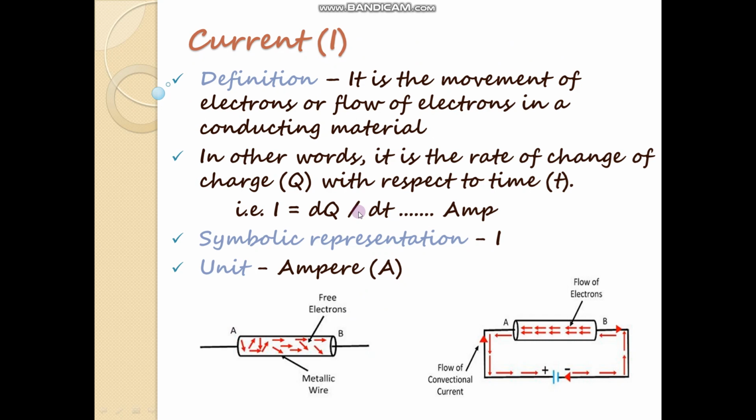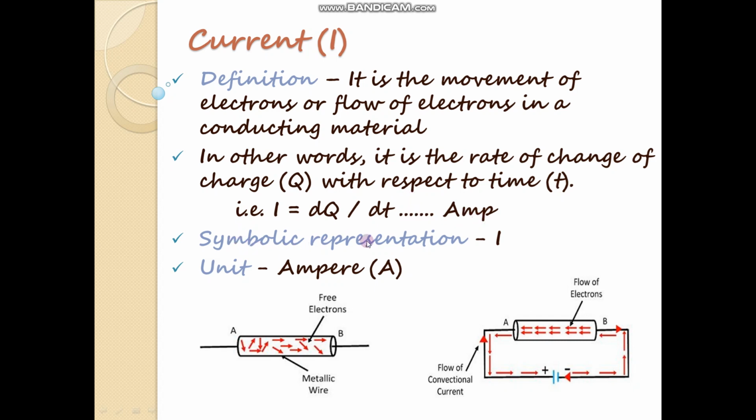The fourth term is current. So what is current? It is the movement or flow of electrons in the conducting material, or in other words, it is the rate of change of charge q with respect to time t. And how to find it? I equals dq by dt.